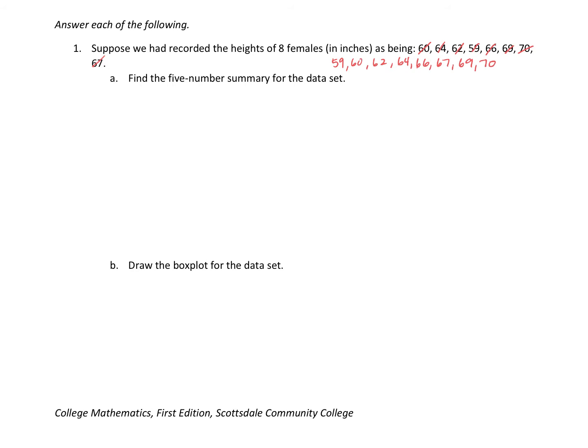So the 5-number summary includes the minimum and the maximum. So the min is 59, and the max, the largest value, is 70. So those are the easiest to find if you've got them in order. And then the median, we're used to doing that. So let's go ahead and find the median. We want to look for the middle number or the middle 2 numbers and then find the average of those 2.